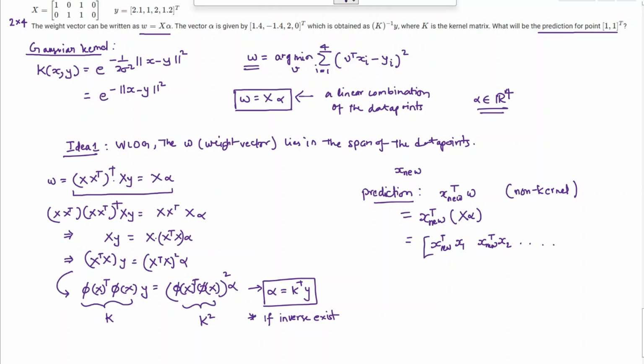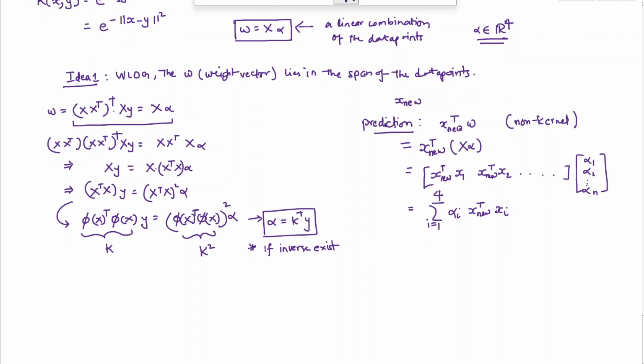This will be a row vector, multiplied by alpha 1, alpha 2 and so on, alpha n. So it's a dot product of two things, and I can write this as the summation of alpha i times x new transpose xi, i running from 1 to n, but here I'll write 1 to 4.